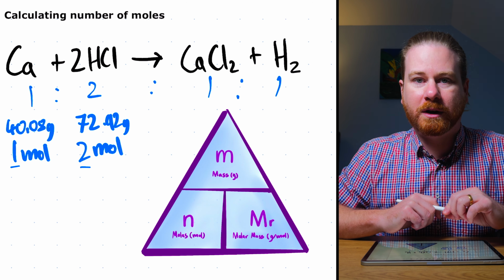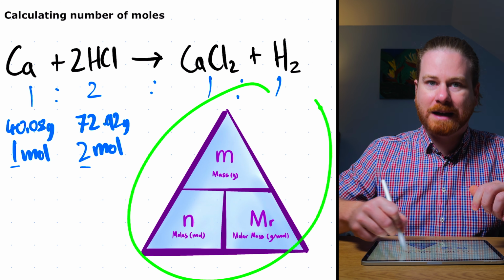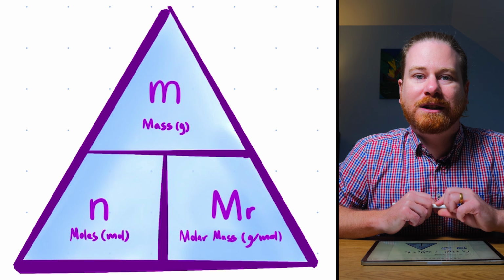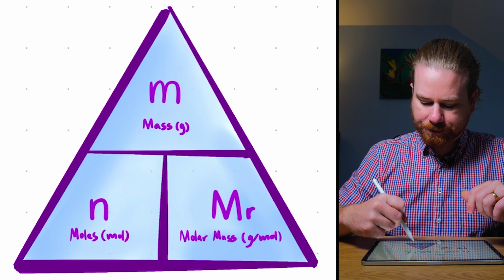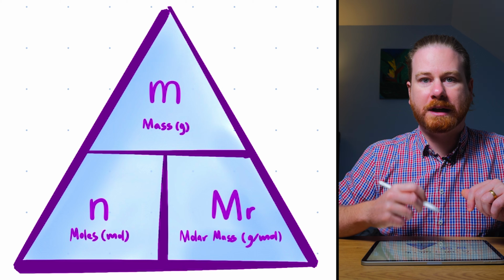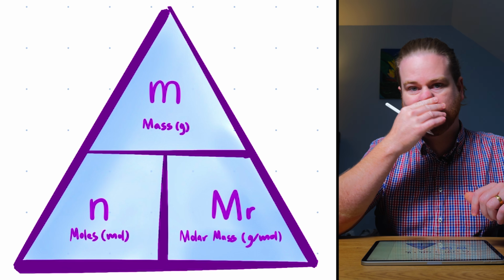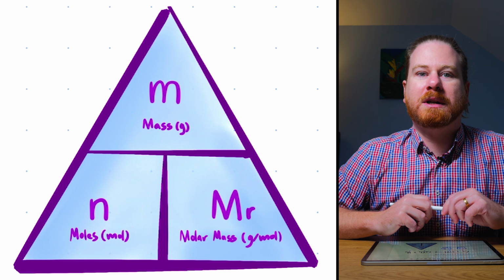So how can we figure out how many moles we have? Well, luckily, we've got this handy equation. This handy equation links relative molecular or atomic mass to grams, which then also links to moles. So moles equals the mass divided by molecular mass.